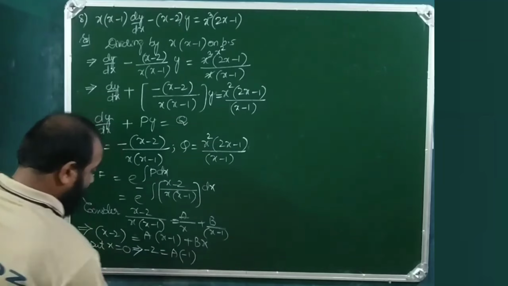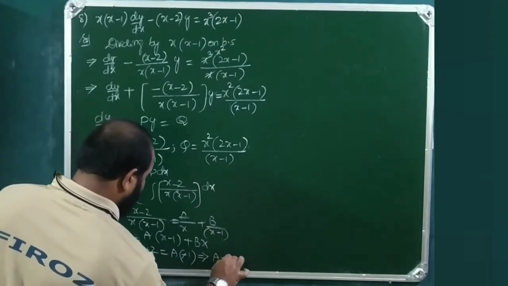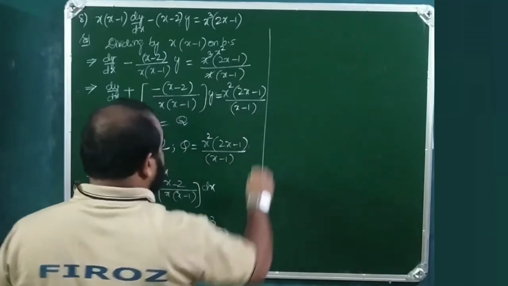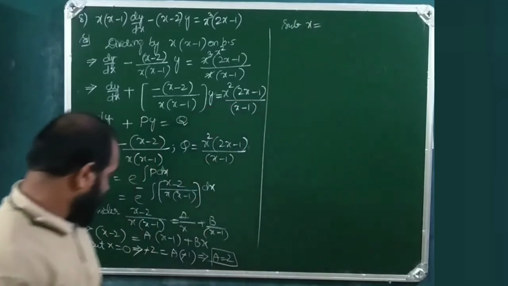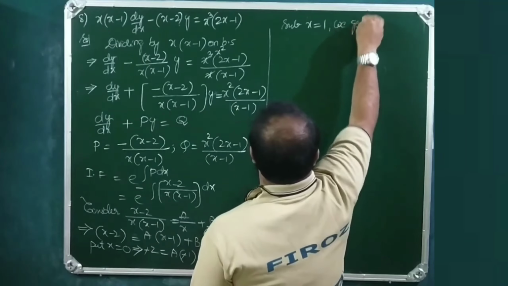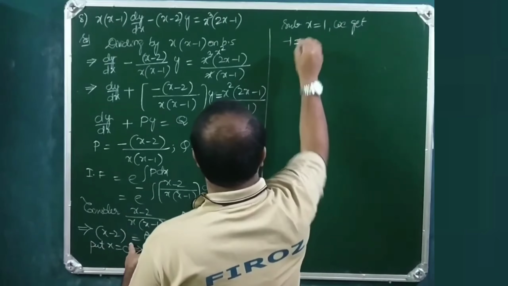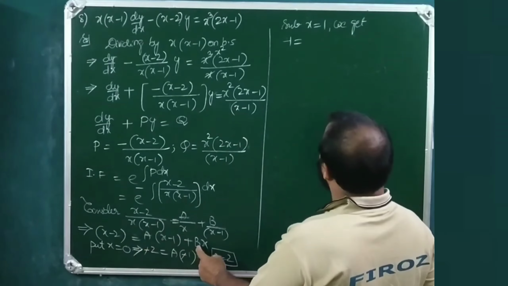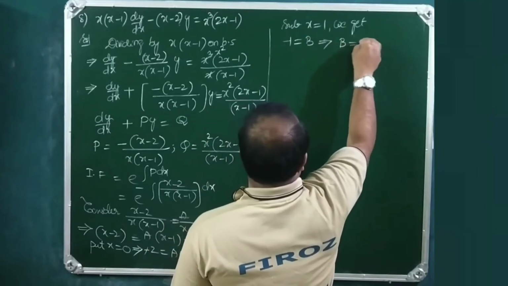This is minus 1. So minus gets cancelled. We get a equals to 2. Now substituting x equals to 1, we get 1 minus 2 is minus 1 is equals to 1 minus 1, 0. So b into 1, so b. Therefore b is equals to minus 1.